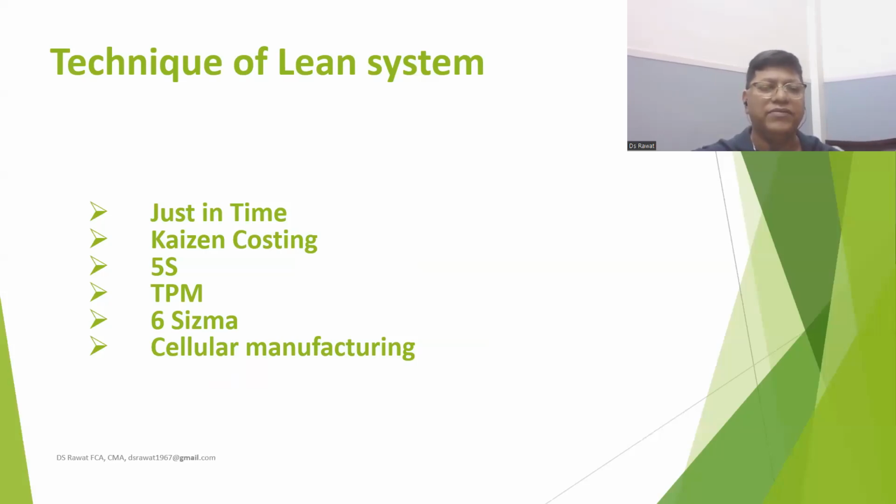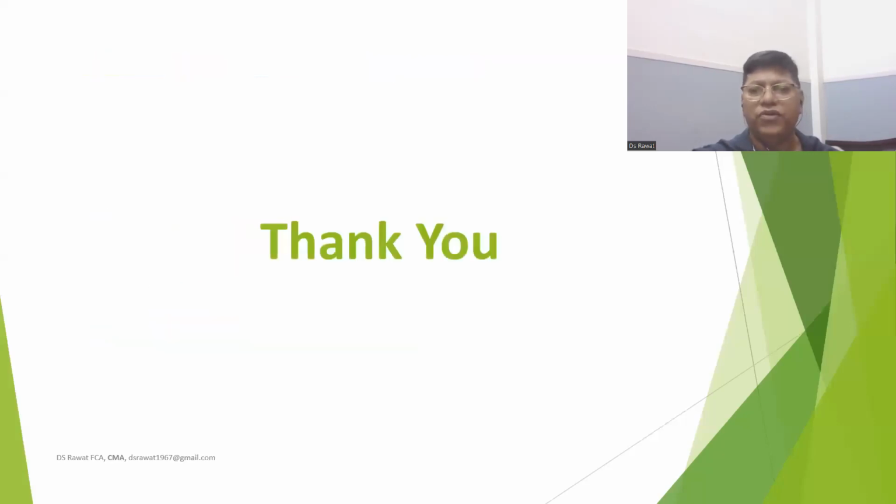Similarly, there are 5S, TPM, Six Sigma, and cellular manufacturing. These are separate tactics for which we need separate time for discussions. And if I discuss here, the video will be very lengthy, which I do not want. I want to focus only on the elimination of wastage.